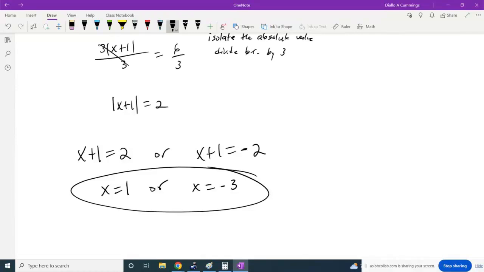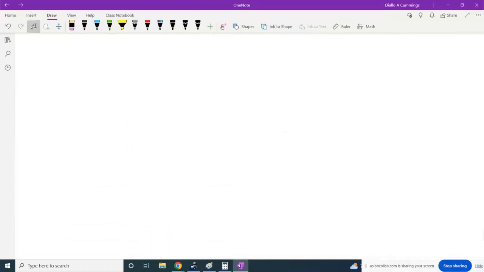Just to take a look at one more. This is similar to your number 2, 3.3 number 2. It says the absolute value of 2x plus 3/4 is equal to 4. So the absolute value is isolated.